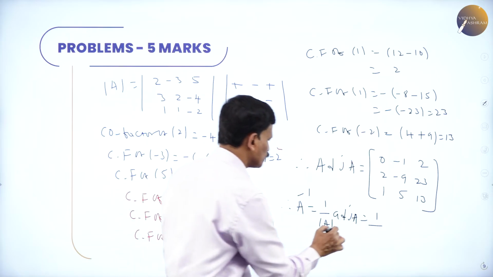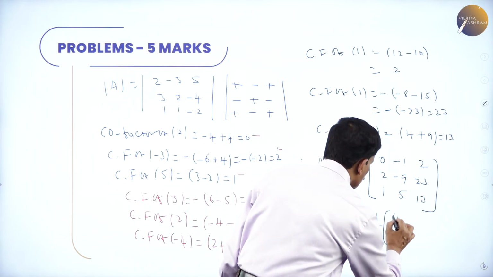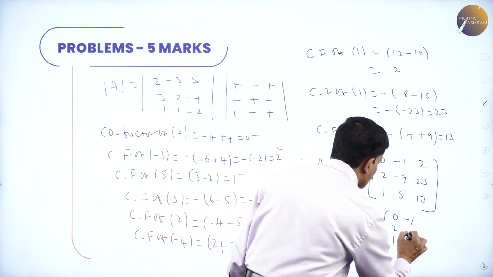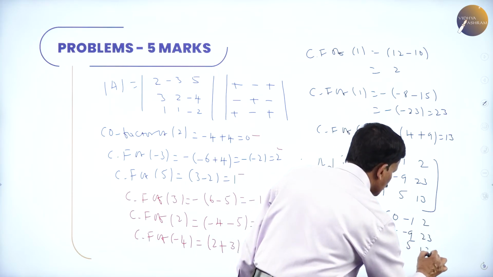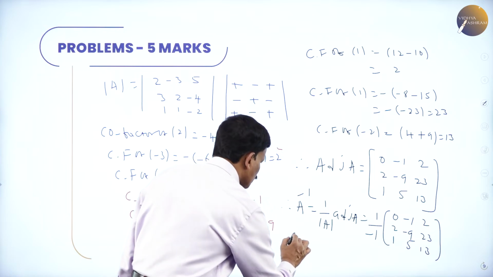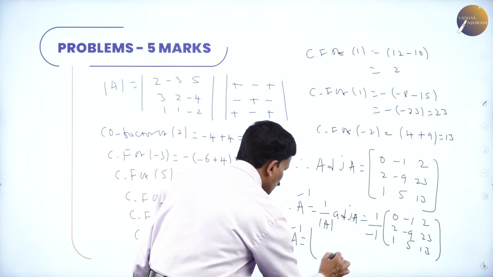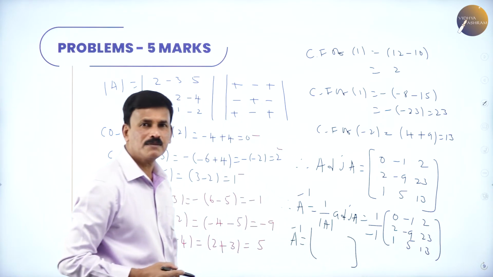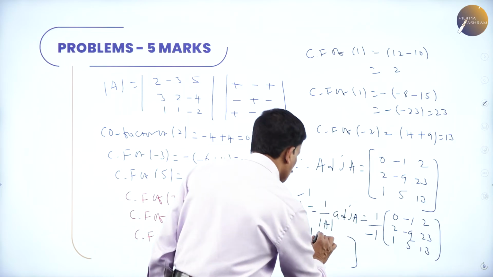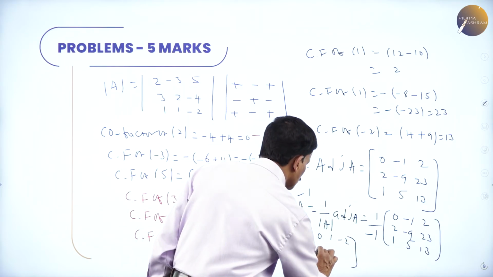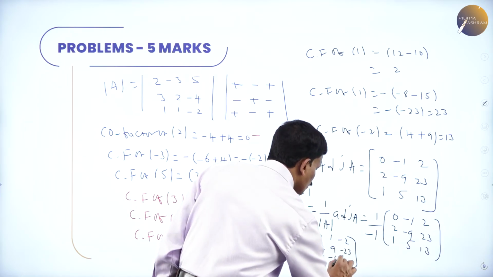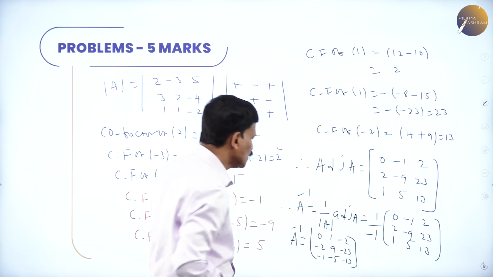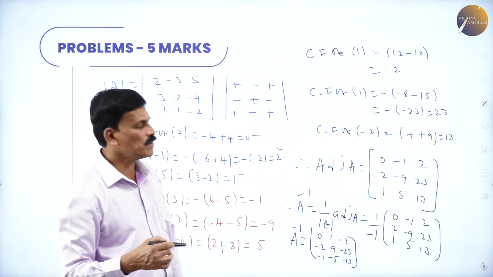It is minus 1. So 1 by minus 1 means just multiply each and every element by minus. So 0, this is plus 1, minus 2, plus 9, minus 23, minus 1, minus 5 and minus 13. This is the inverse. Now substitute here, that's it.